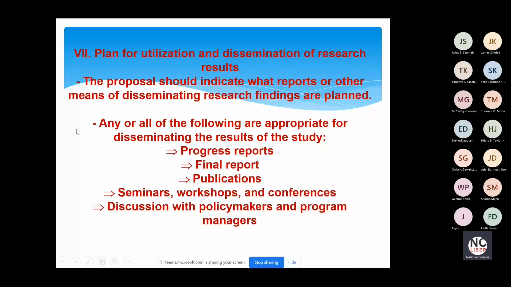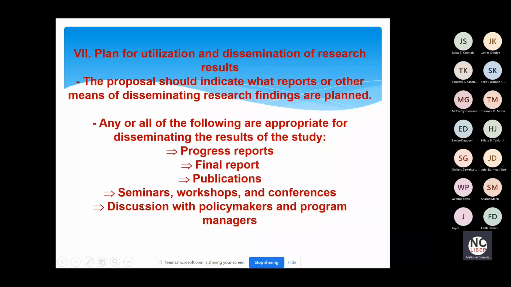And along the way, we have to see what you're doing. So your progress report we need to see, then the final report, and then we'll do the publication. We can do the publication, we can do seminars, workshops, conferences, discussion with policymakers and all the things that we said earlier.